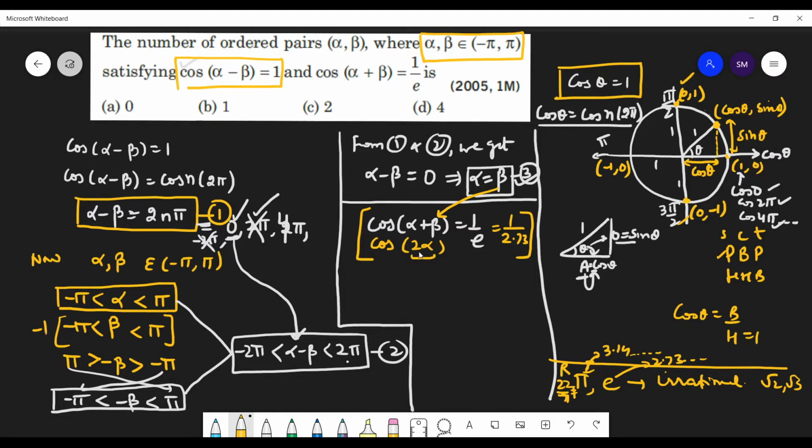Alpha plus alpha, that is 2 alpha. Okay, so can we write 2 alpha? It's easier for us. Even if we write alpha plus beta, that will also be the same thing. Even 2 alpha will also be the same. So if you write alpha, that's between, you have already written alpha here.